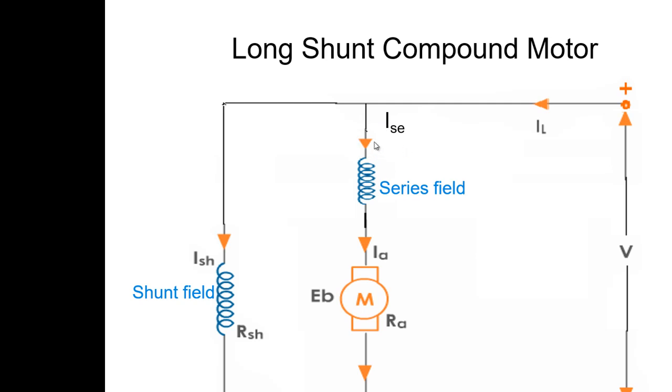This is the current flowing through the series field winding, hence it is ISC, and this is the current IA flowing through the armature. This is EB, and the internal resistances RA and RSH.